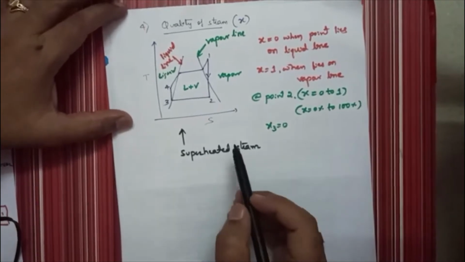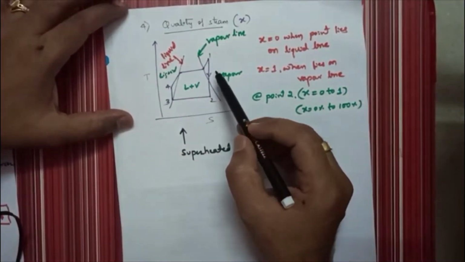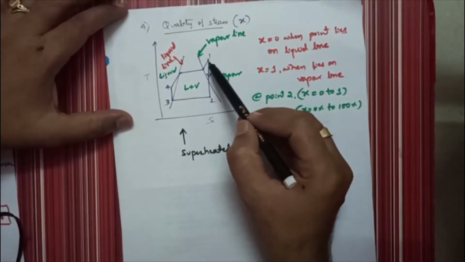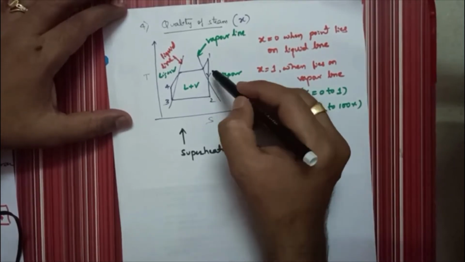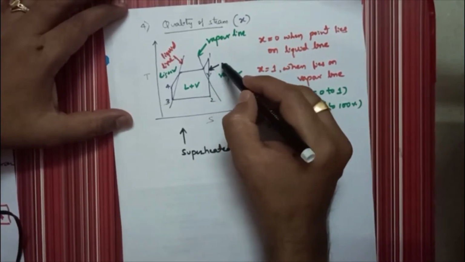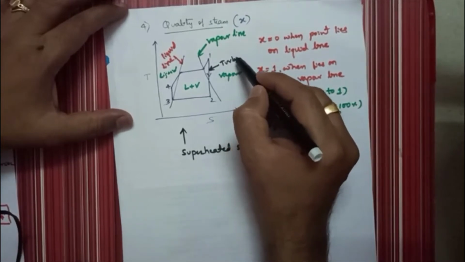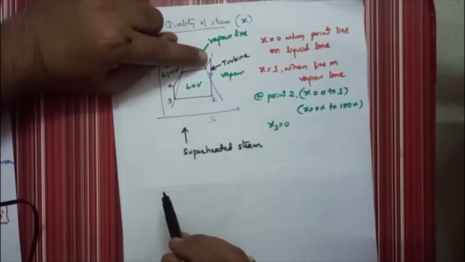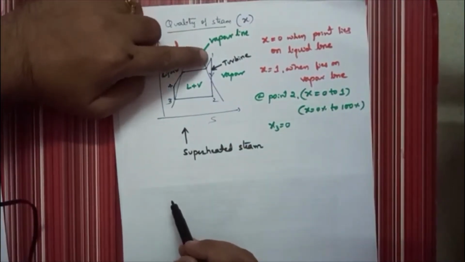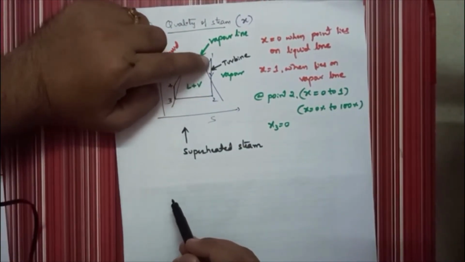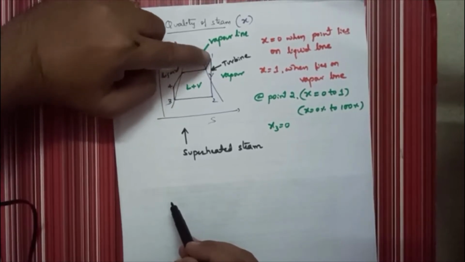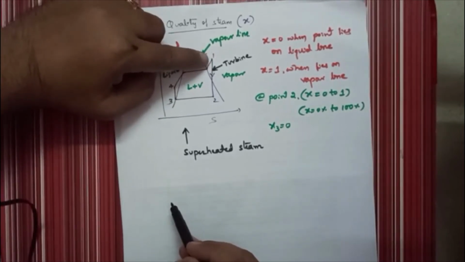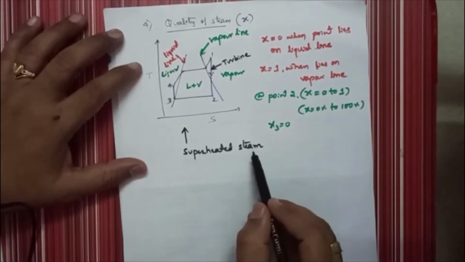The superheated steam is the steam which is entering the turbine. Dear students, what is the 1 to 2 component? 1 to 2 is the turbine. Point number 1 is the inlet to the turbine. The steam entering the turbine is superheated. That is the reason it is on the right side of the vapor line, and that is why it is called superheated steam.